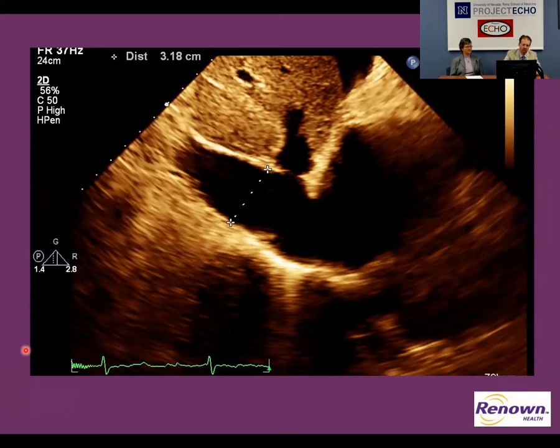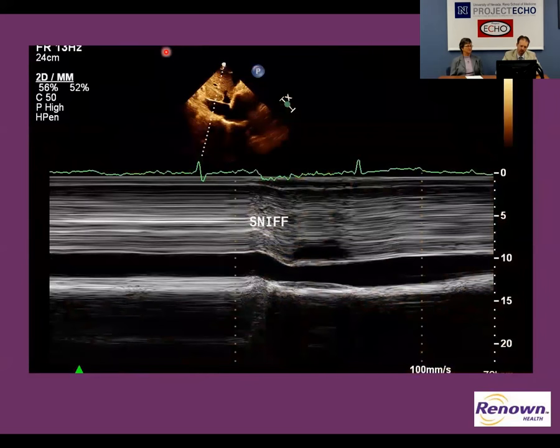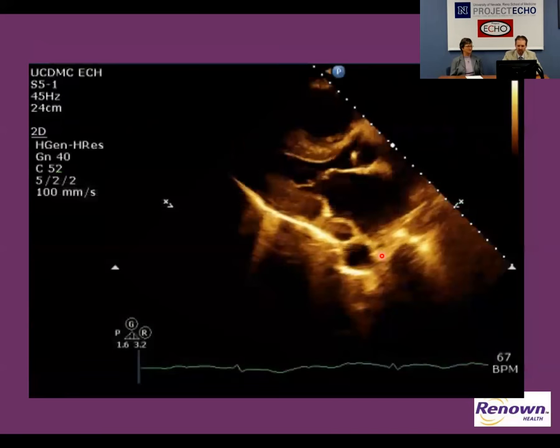So this IVC measured at 3.18 centimeters is well dilated. And so the dilation and ability of that to close more than 50% with sniffing tells you the other part of how high the right atrial pressure is. So you just look at how big it is and if it closes when they sniff in, and that tells you about right atrial pressure.